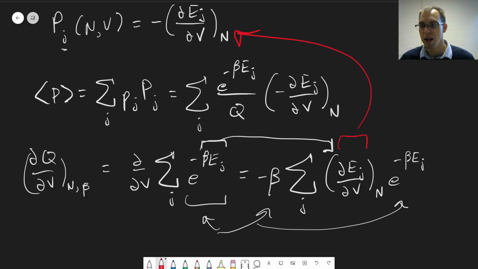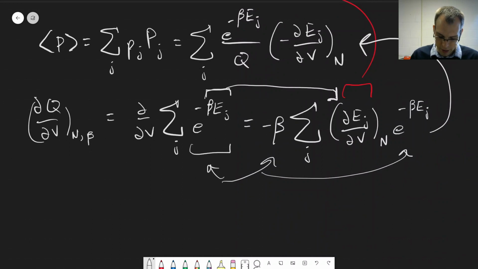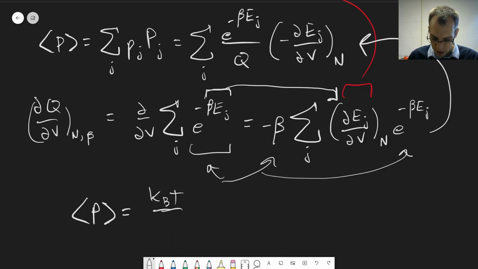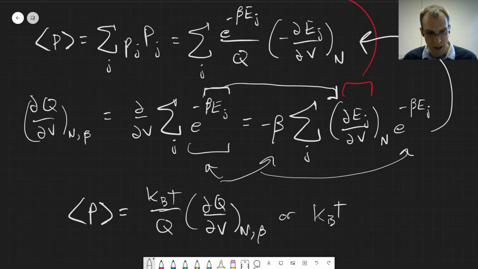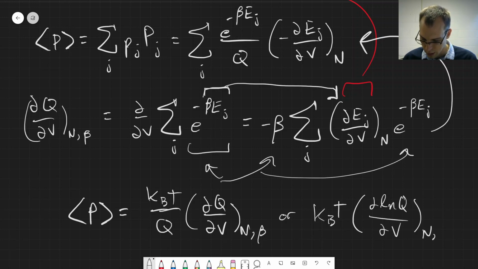This is related to our individual pressures. And so we can add all those together. And this function is essentially this right here. So we can say that the average pressure is equal to kBT over Q, dQ/dV at constant n and beta, or, just rewriting this derivative, kBT d log Q/dV at constant n and beta.